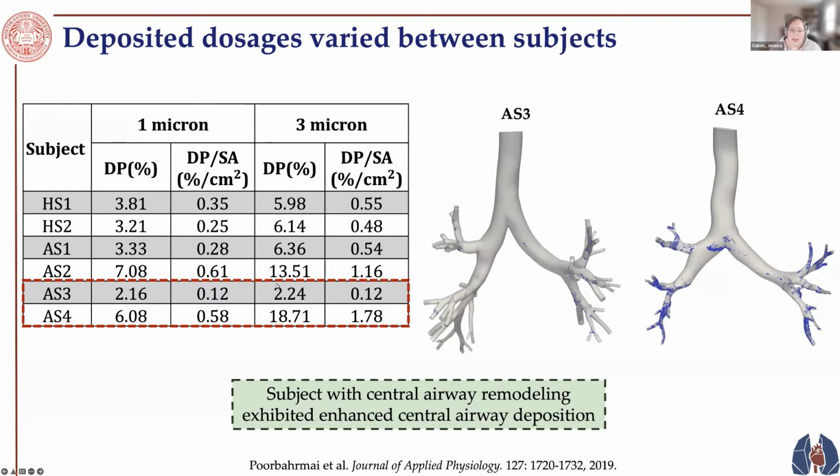Looking at these subjects, there does seem to be a big difference in their central airways. AS3's airways almost looked a bit more ballooned, while AS4's airways were highly remodeled and irregular in their shape. So this made us go deeper into these different types of asthma phenotypes.